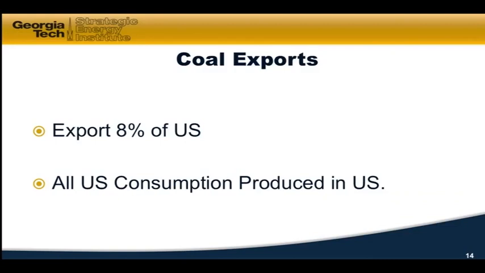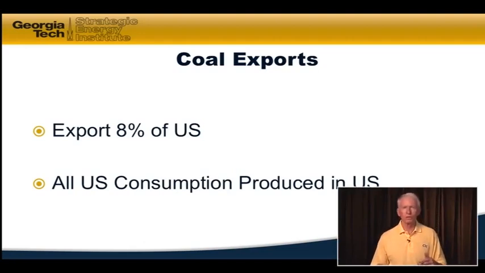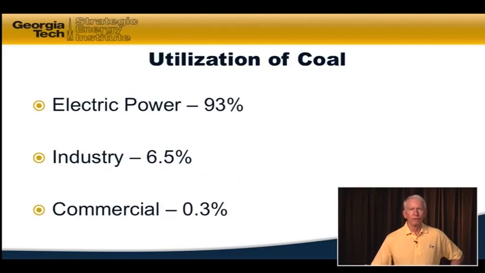All of the coal that we consume is produced here domestically in the U.S., and we actually mine about 8% more that is shipped out to other countries for their use. So we are totally independent of other nations regarding coal, unlike oil, which we'll see later on.